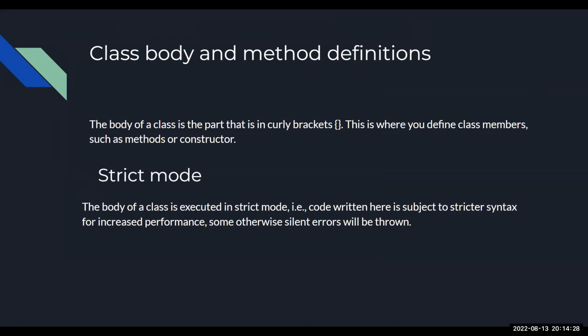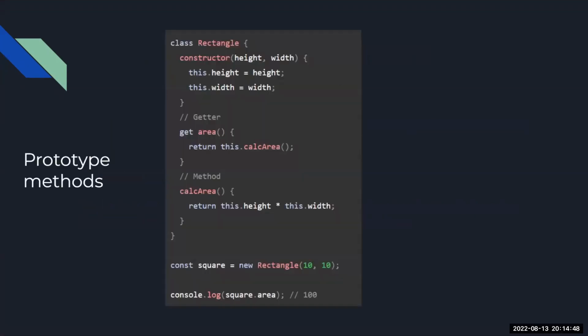This is where you define class members, such as methods or the constructor. There's also strict mode. The code written here is subject to stricter syntax for increased performance, otherwise it will throw an error. Here we have an example of a prototype method.